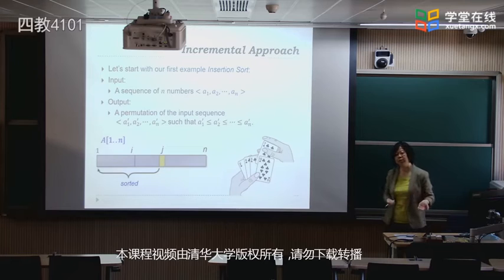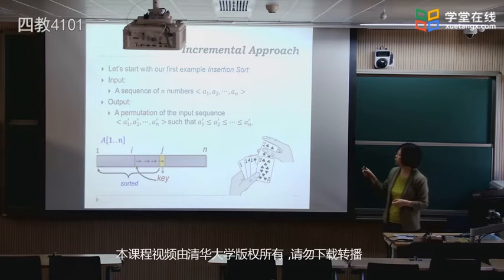So what we need to do with array representation, we need to make room for aj to be inserted to the correct location. So here are the steps. First of all, we need to copy the value of A sub j to a temporary variable key.